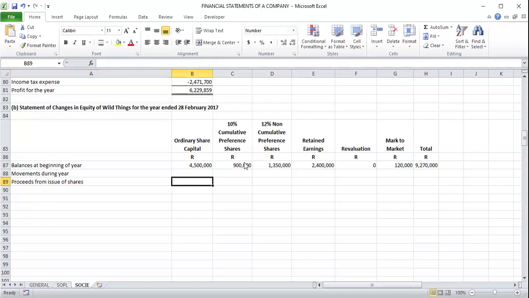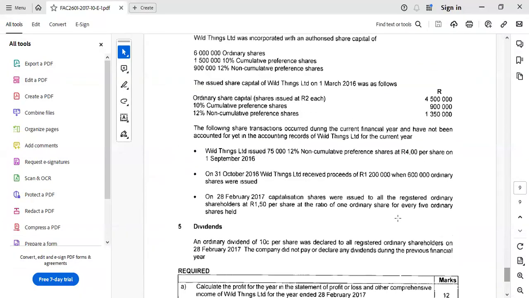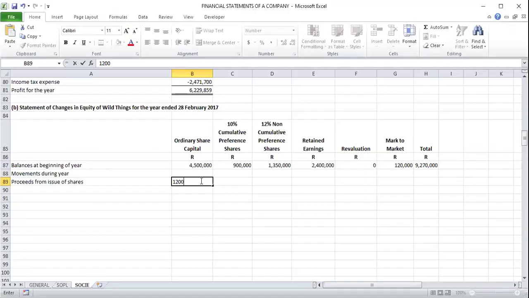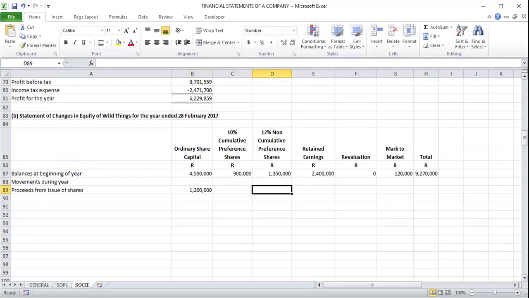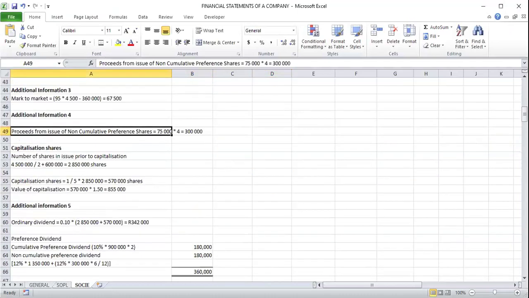We're told that they issued shares worth 1.2. On cumulative preference shares, we calculated there was nothing, but on non-cumulative, we calculated and we found that they issued shares of 300,000.